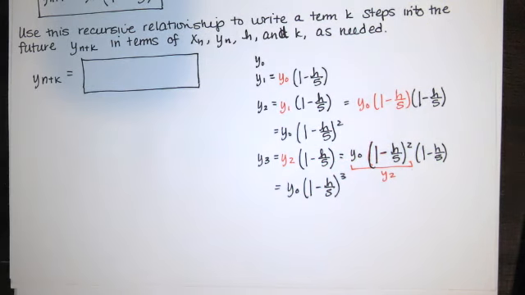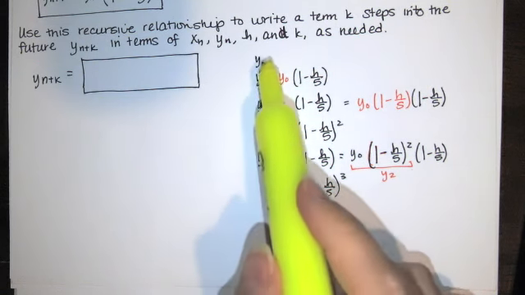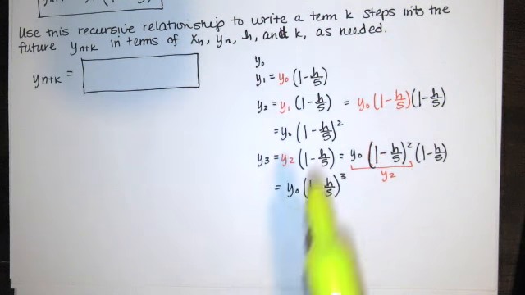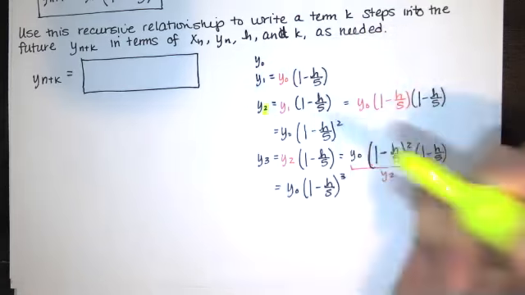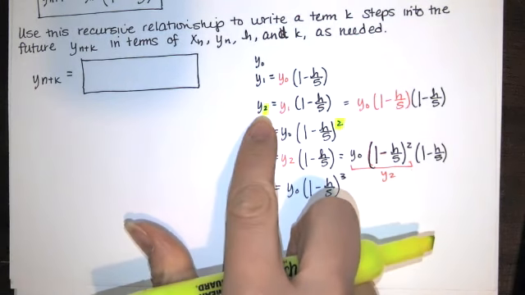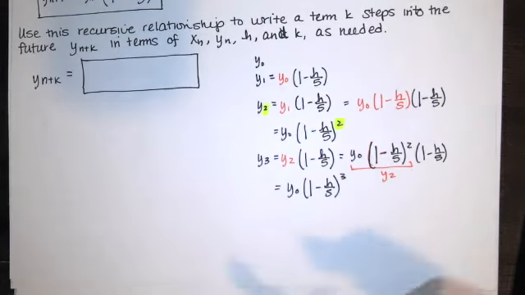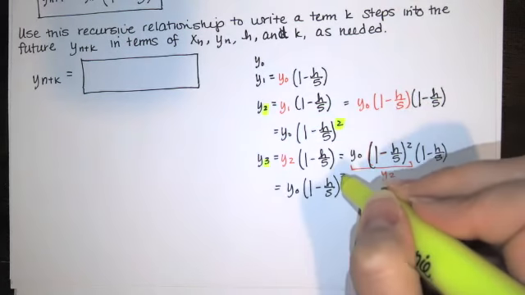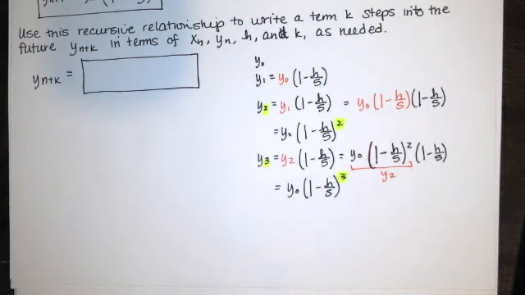Okay, and so now we're looking for a pattern. We're saying, what's the relationship? And I think you can tell what the relationship is. To get from y sub 0 to y sub 1, we multiplied by 1 minus h over 5. And then we did that again, so that when I look at this formula, y sub 2 has a 1 minus h over 5 squared, and y sub 3 has a factor of 1 minus h over 5 cubed.